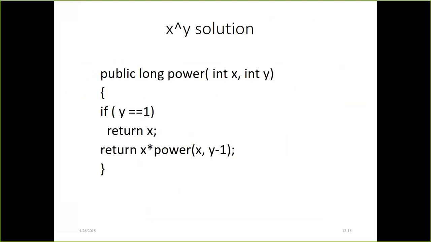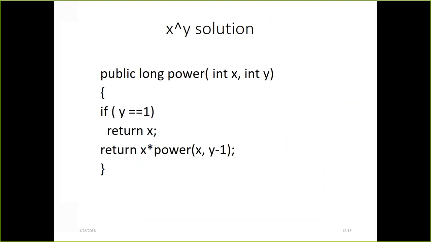So what is our base case over here? For instance, if y equals 1, then what will it return? It will return x, right? y equals 1 means x to the power 1 equals x. So this is the base case.